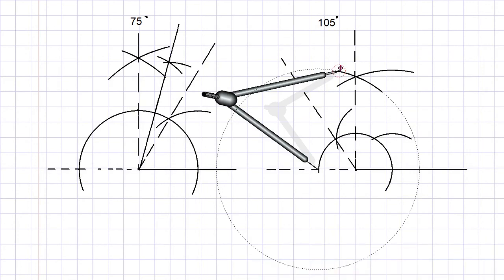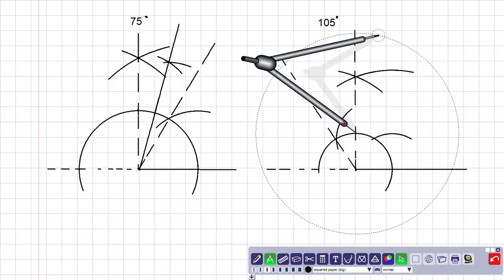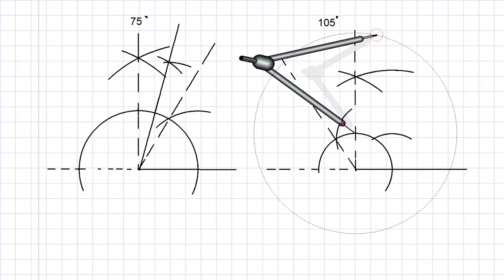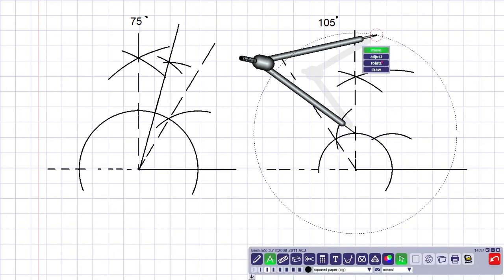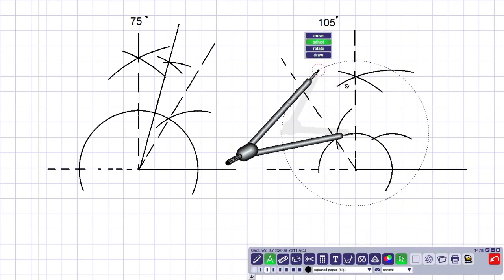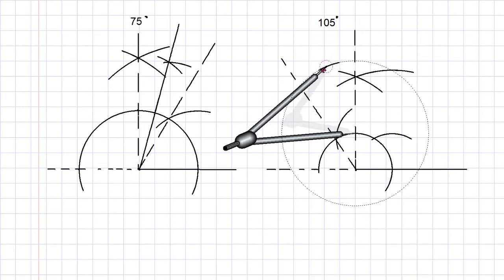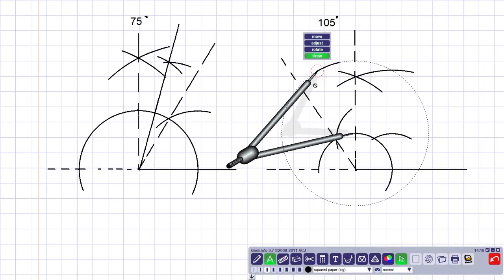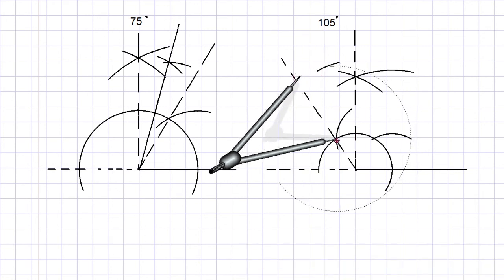Take the compass. Place the tip of the compass this way. Adjust that. Now draw an arc. Now without changing this distance, move the compass to here.